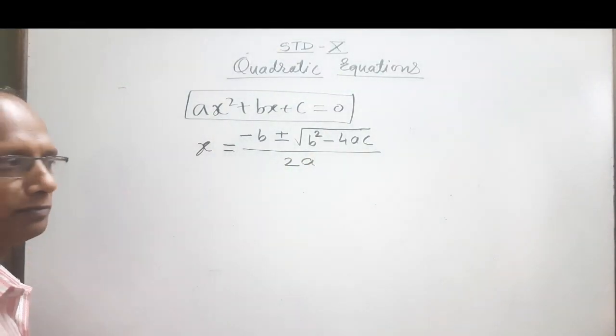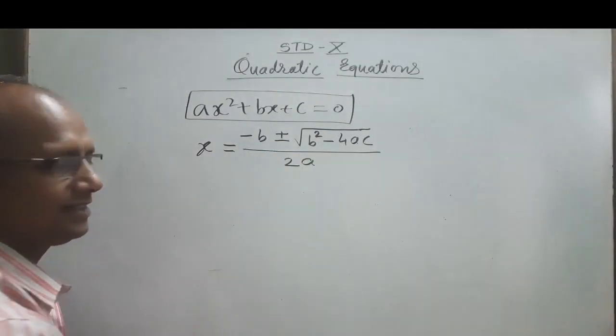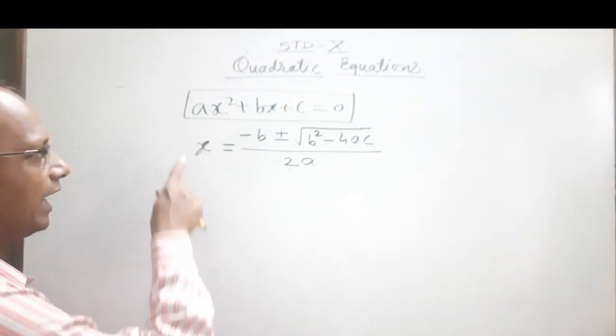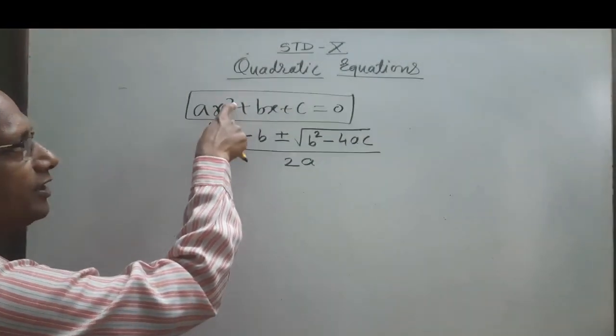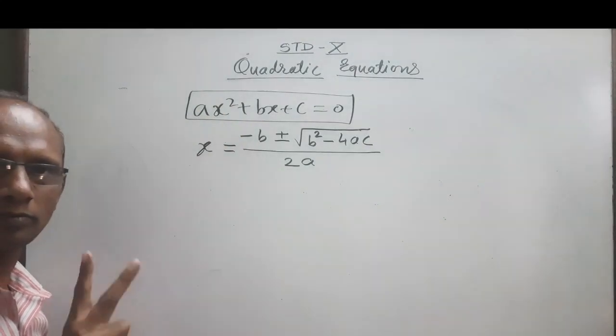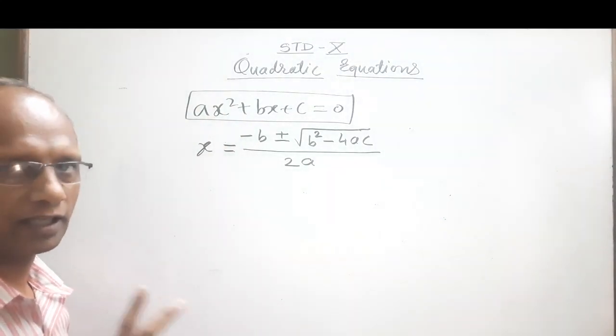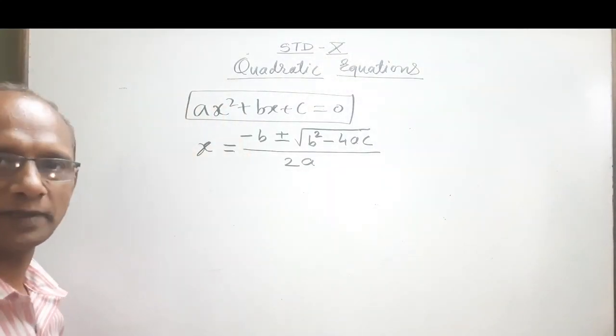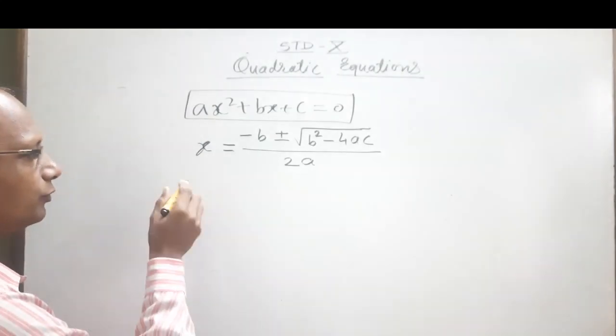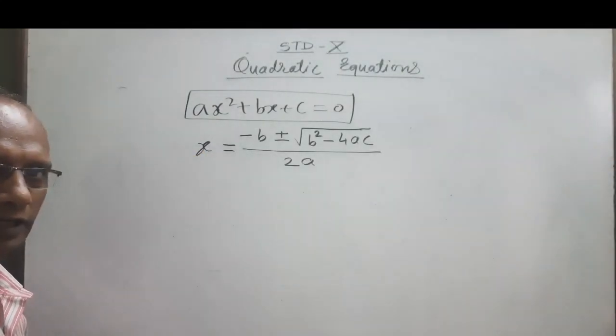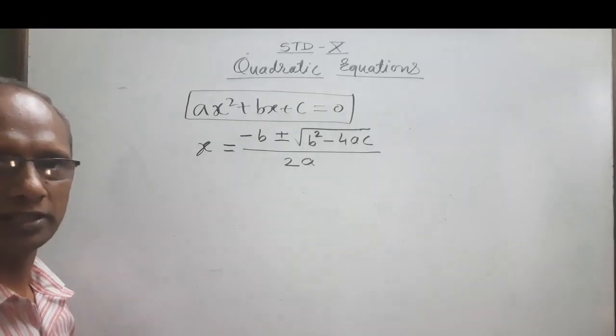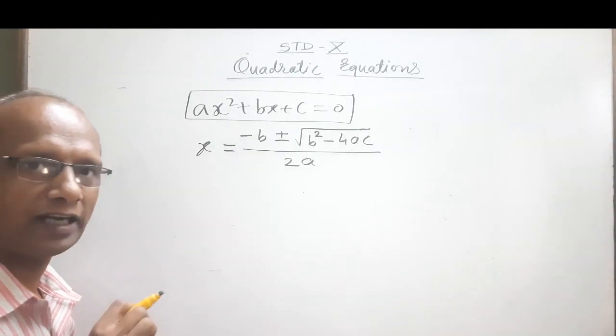You might have a question in mind: what is this plus minus? So let us see. As this quadratic equation has degree 2, it has a maximum of two solutions that can satisfy this equation. If we denote the first solution by alpha and the second solution by beta, it means the roots are alpha and beta.